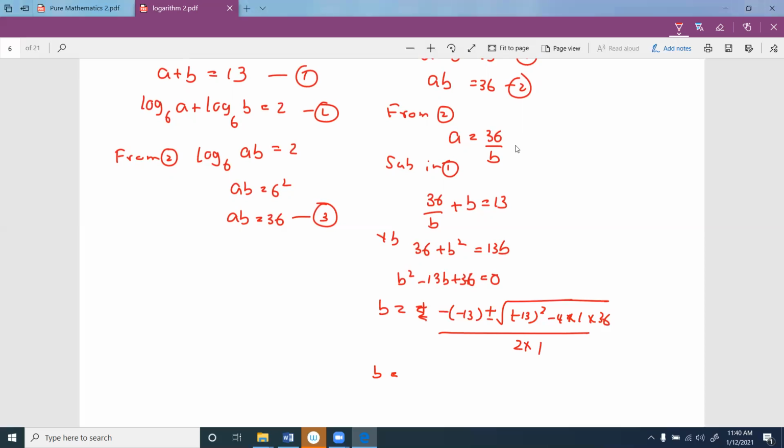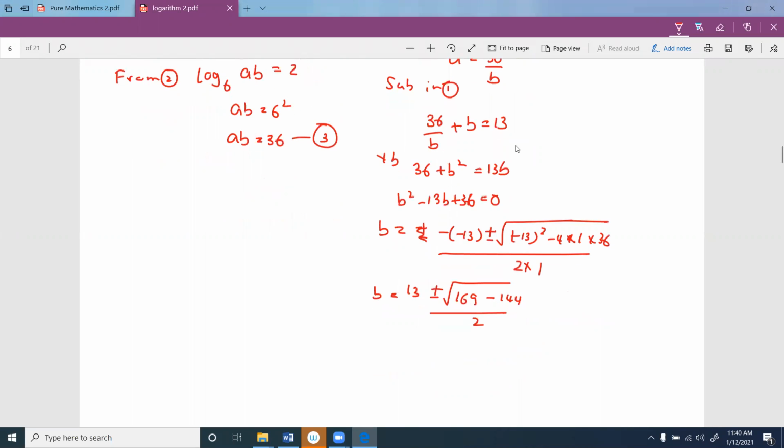So b equals 13 plus or minus the square root of 169 minus 144, divided by 2. 169 minus 144 is 25, so the root is 5, divided by 2. From here, b equals 13 plus 5, which is 18, divided by 2 is 9. The other one is b equals 13 minus 5, which is 8, divided by 2 is 4.